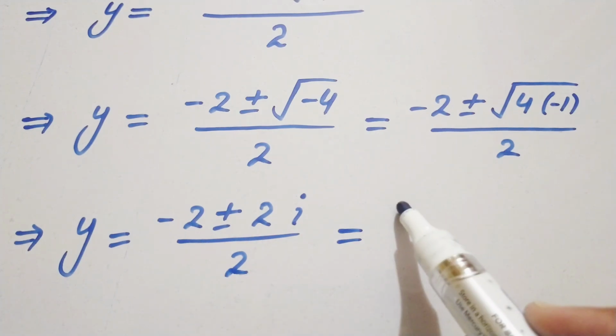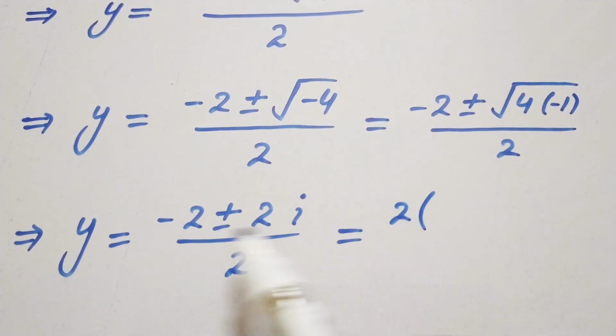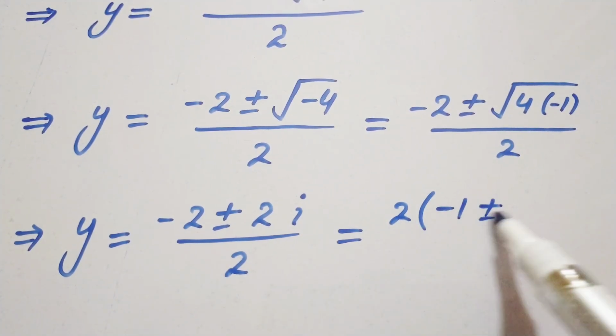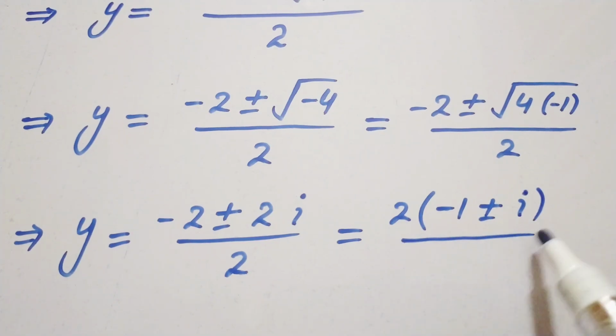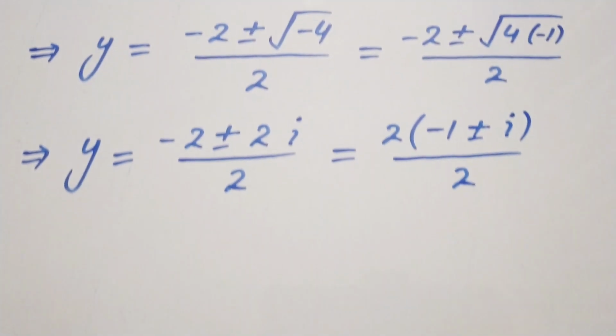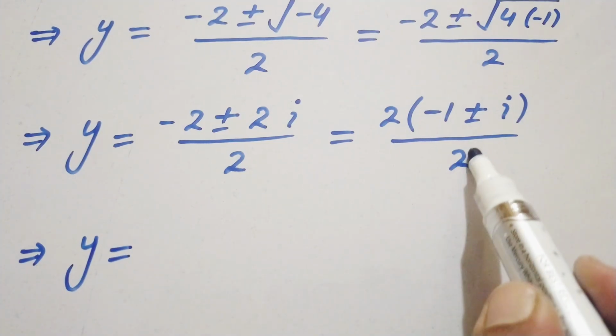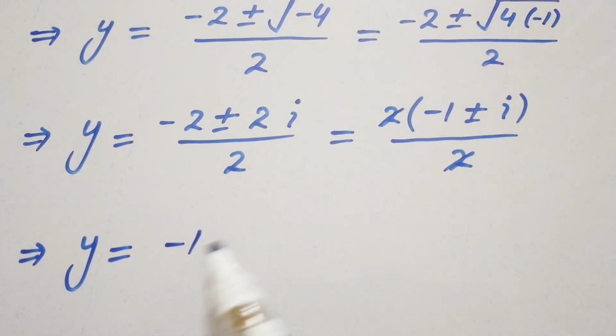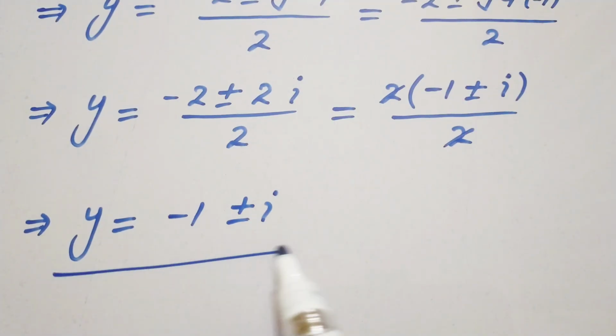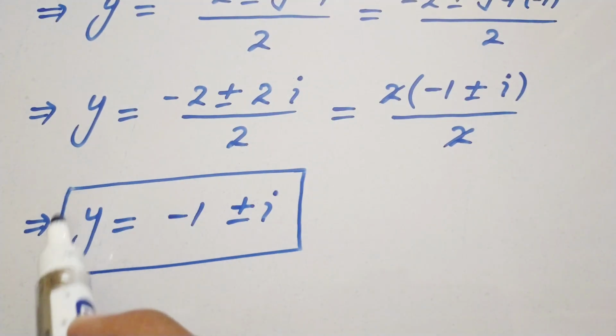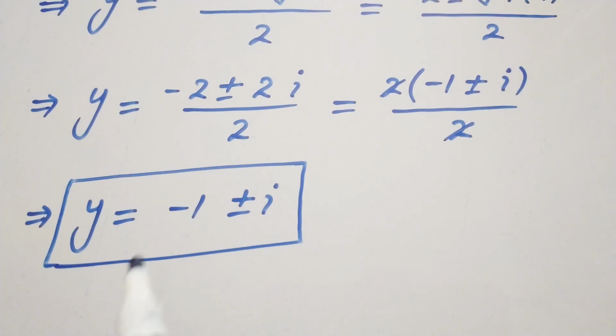Take 2 common from numerator. Here minus 1 inside plus iota divided by 2. This implies y is equal to this 2 cancels with this 2, minus 1 plus minus iota. So from the second case we got two values. First is minus 1 plus iota and the second one is minus 1 minus iota.